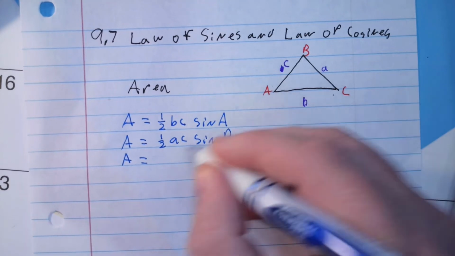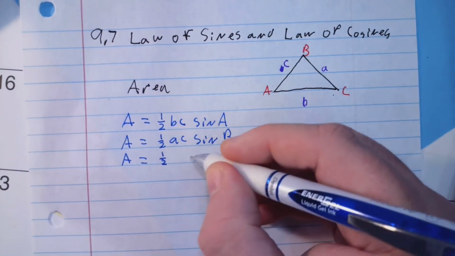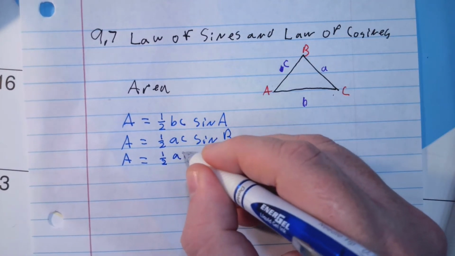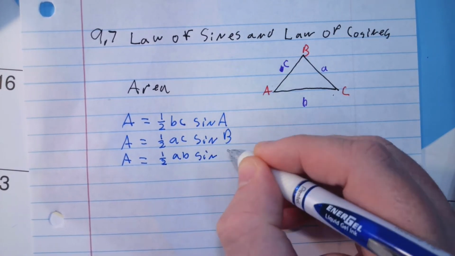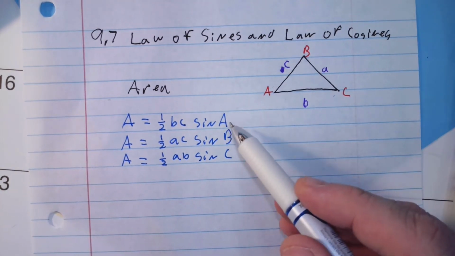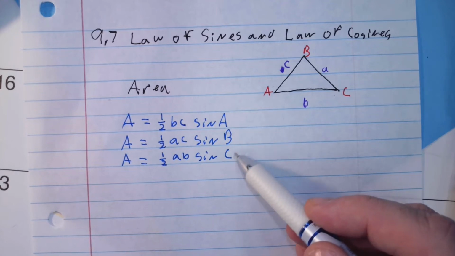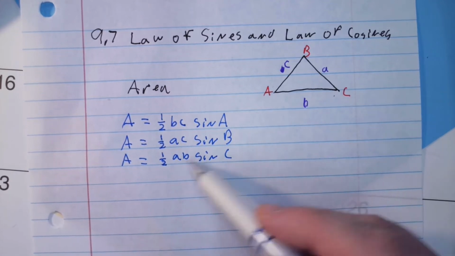Sine B. This is going to be 1/2 a times b sine what? Okay. So basically, how you pick the formula is which angle you have, right? So if you have angle C, you're going to probably pick this formula.